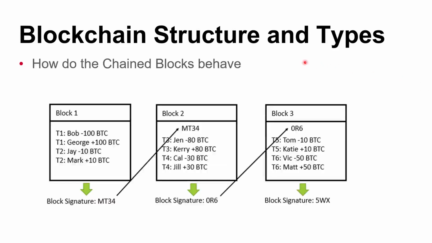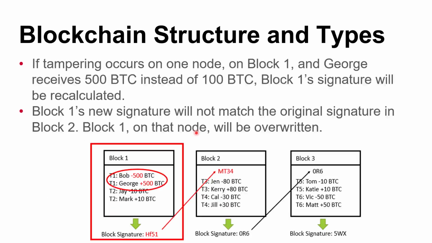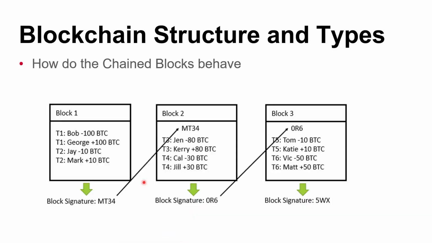Another way to look at it, and this is more of an abbreviated way, we can see here Bob and George had some kind of Bitcoin transaction. Jay and Mark, the same thing. And a hash or block signature was created, which happens to be the header for the next block. Well, if somebody would go in and tamper with it, so before, we saw George had at least received 100 Bitcoin.